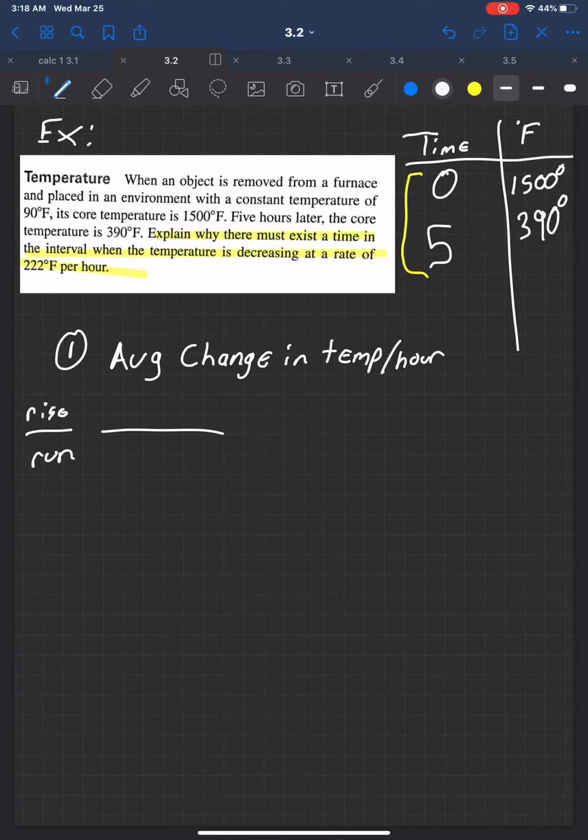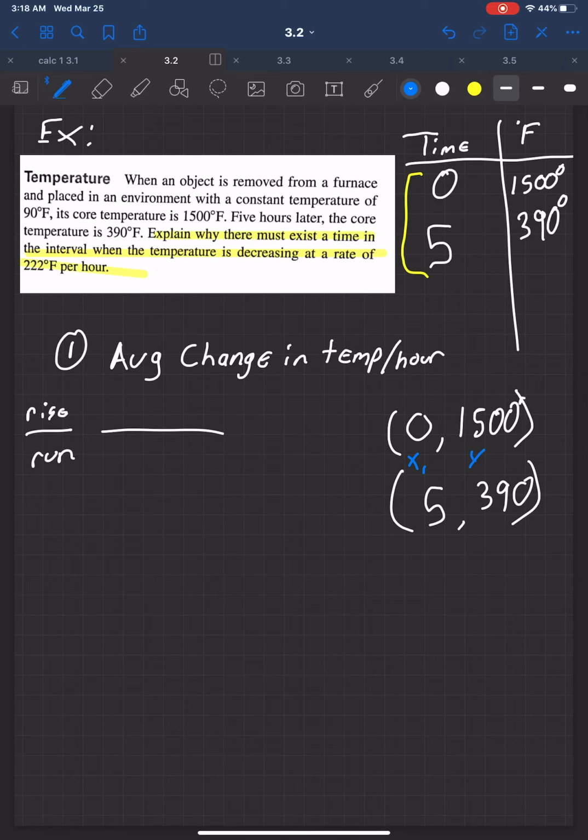The temperature changes from, I will write this as points, 0, 1500, and then 5, 390. You can say this is x1, y1, x2, y2.